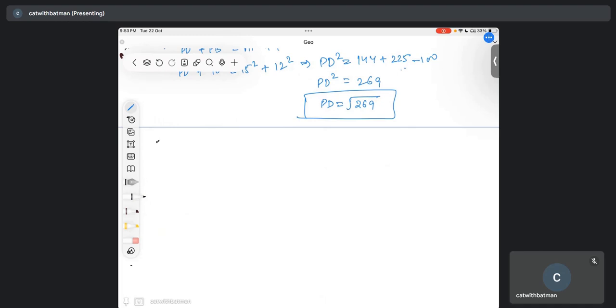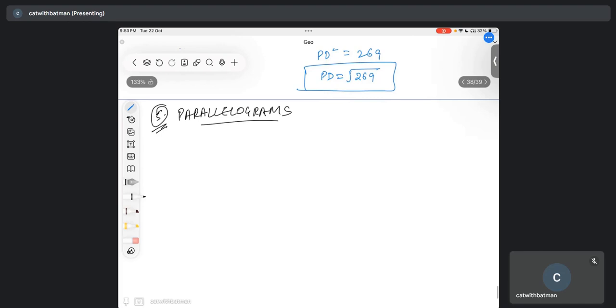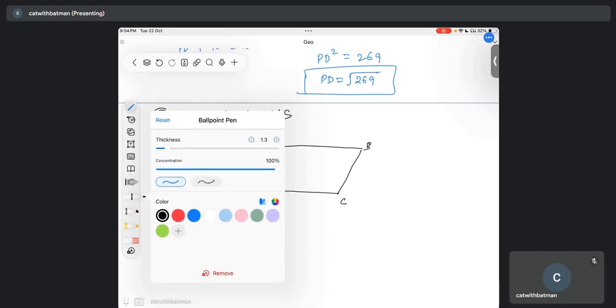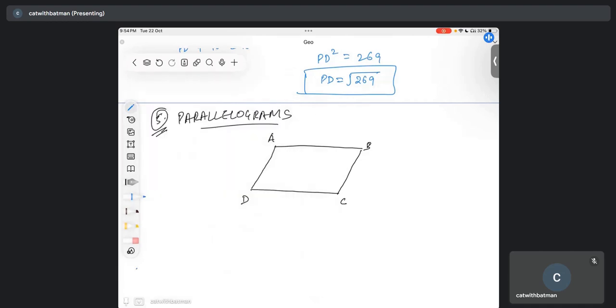All right. Let's talk about parallelograms now. Understanding parallelograms is fairly simple. A parallelogram looks something like this. Say this is A, this is B, this is C, this is D. In this, opposite angles are equal.